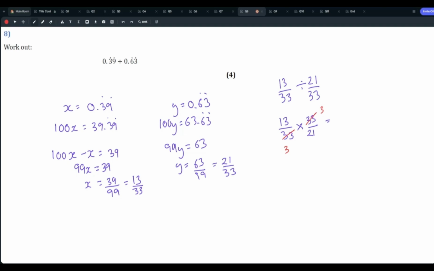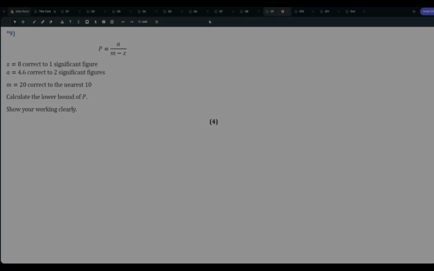So I'm just going to times this now. Oh, I can go a bit further actually. I can just say this is 1 and 1. Okay, now it's ready. So 13 times 1 is 13. 1 times 21 is just 21. So there is our final answer.